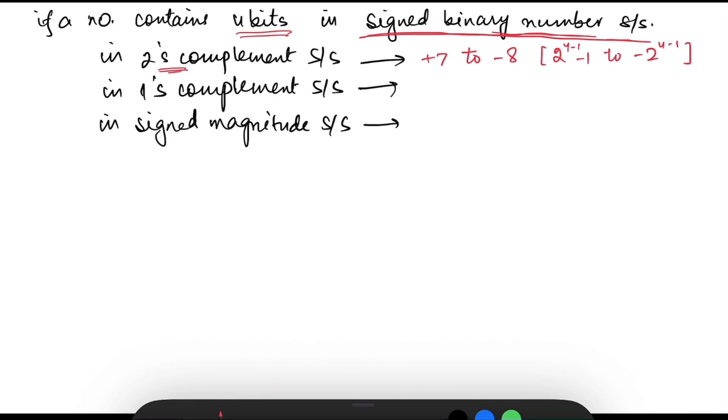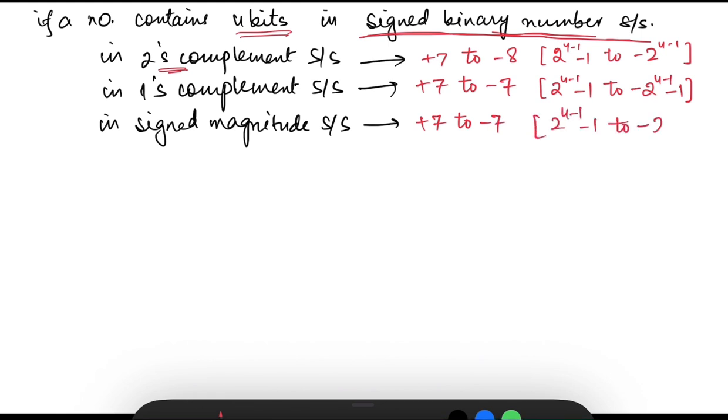In the one's complement number system, the range will be plus 7 to minus 7 including 0, that is 2 raised to the power 4 minus 1, minus 1 to minus of 2 raised to the power 4 minus 1, minus 1. Further, in sign magnitude, same as one's complement, the range will be plus 7 to minus 7, that is 2 raised to the power 4 minus 1, minus 1 to minus of 2 raised to the power 4 minus 1, minus 1.